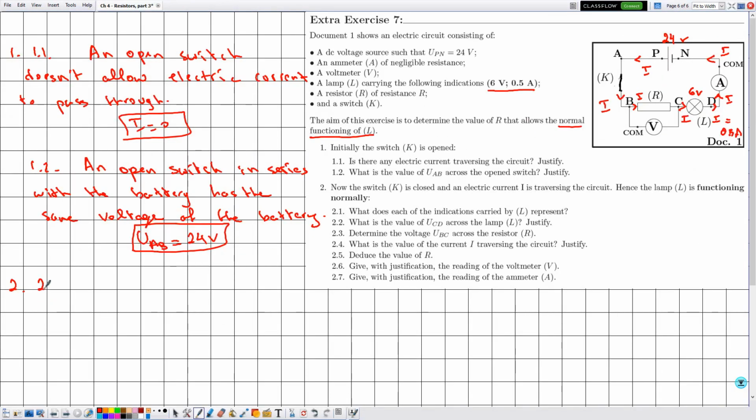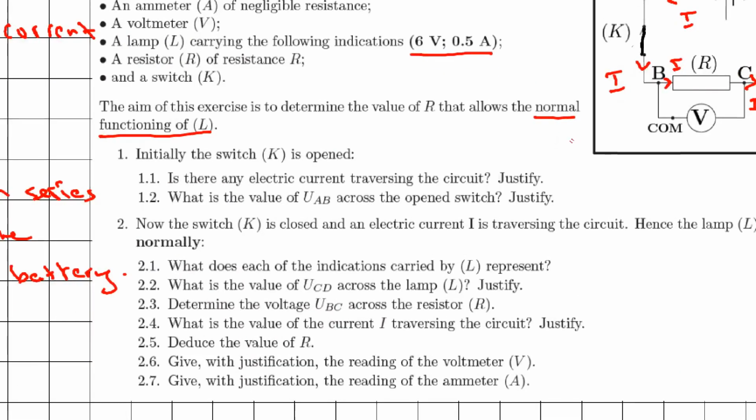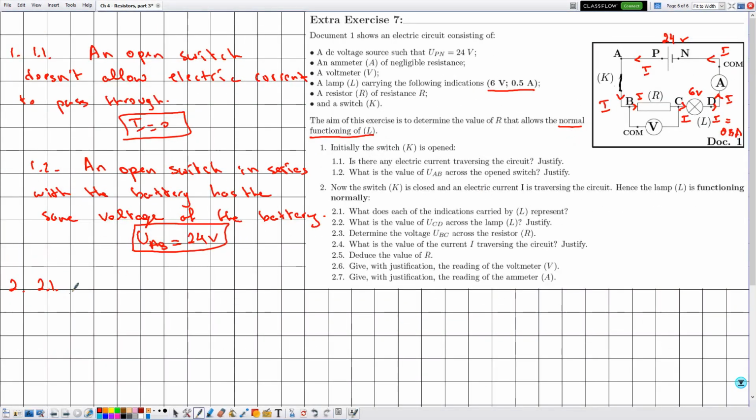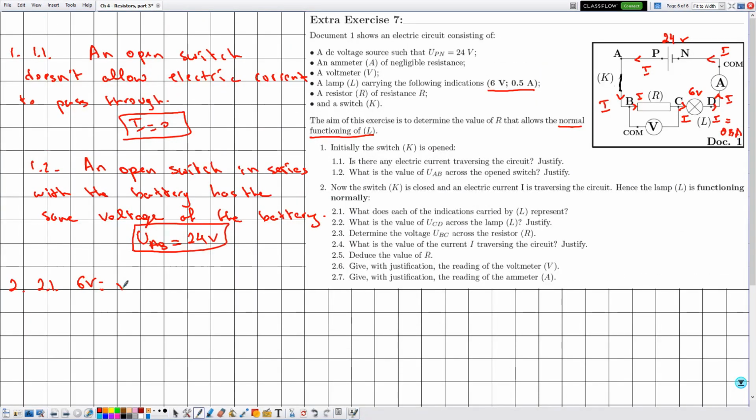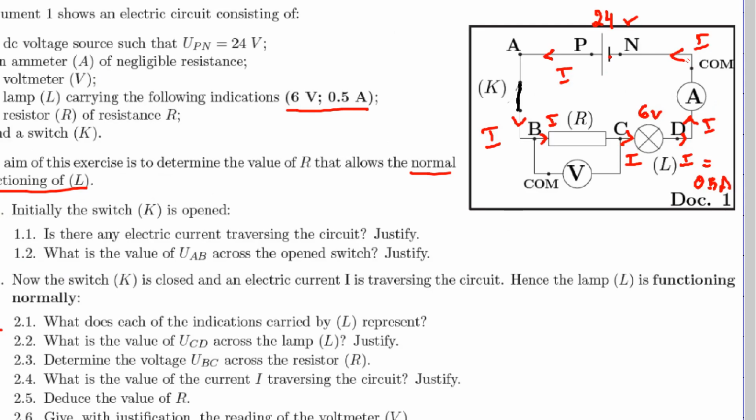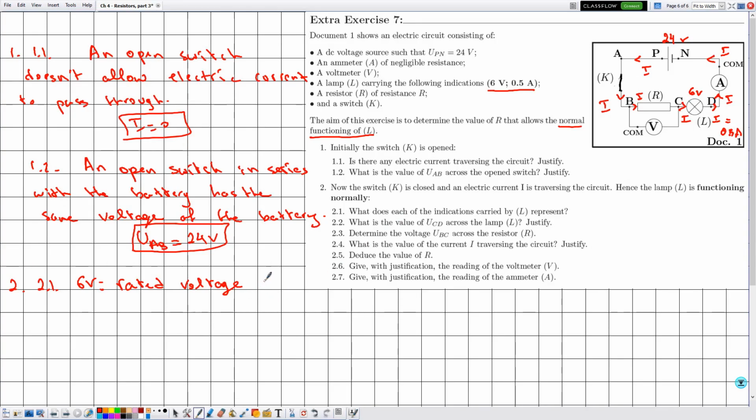So let's see. In 2.1 they are telling me what does each of the indications carried by L represent. Let's say 6 volts, so volts is the unit of voltage, so it's the rated voltage of which electric component we have 3. The lamp, the resistor and the battery, so it's corresponding for the lamp, so rated voltage of the lamp L, under which it functions normally.